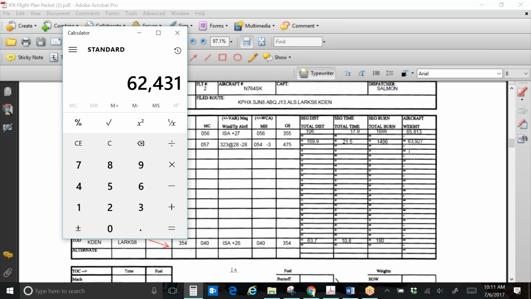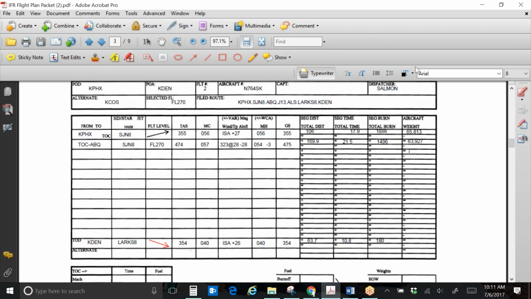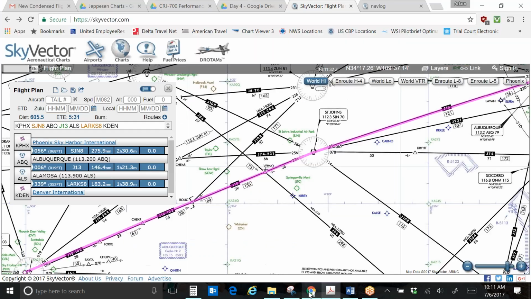It's going to mean our weight for the next leg is 62,431. 62,431. Okay, that is the weight that we weigh on the next leg. So let's go figure out what our next leg is going to be. We know it's Albuquerque to something, so let's just take a look.